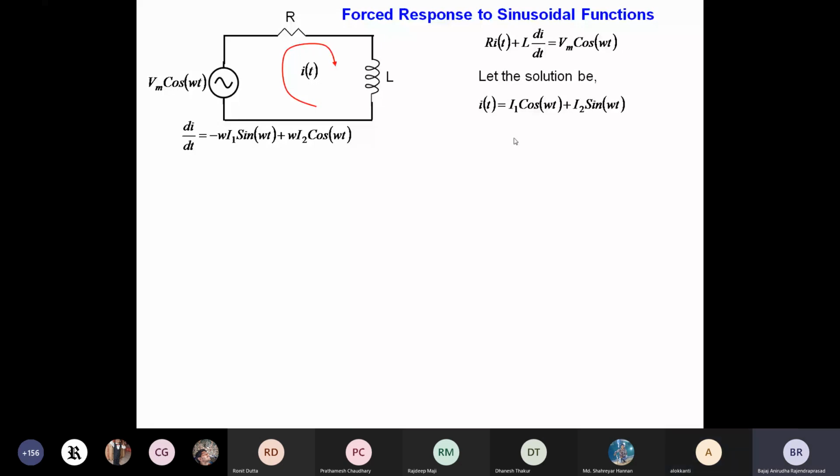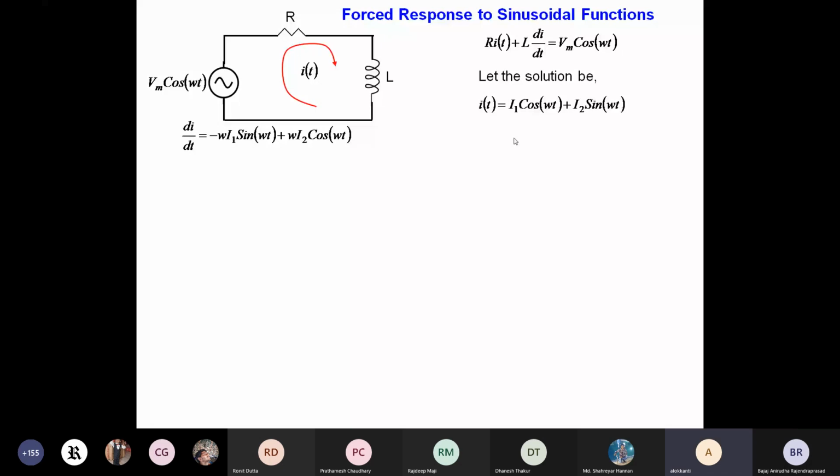Sir, why did you assume I1 cos omega t plus I2 sin omega t? Because we have applied a sinusoidal input voltage. That is why.